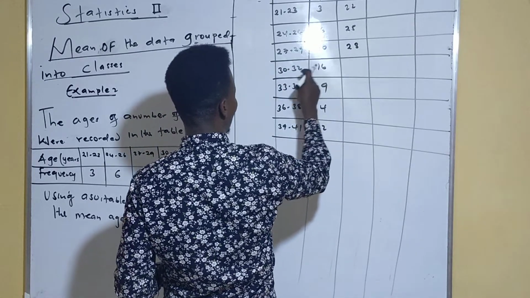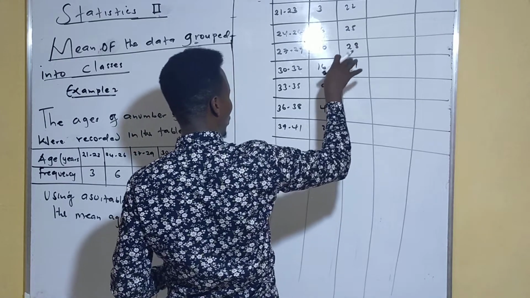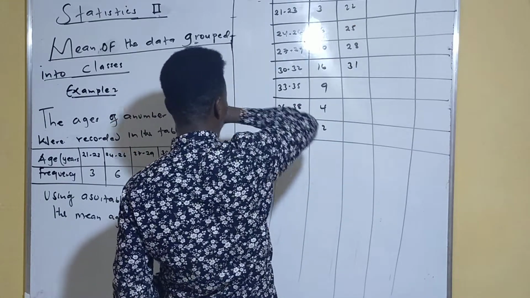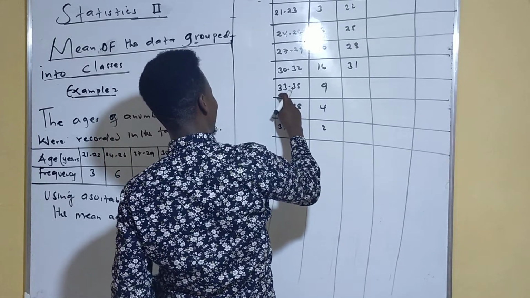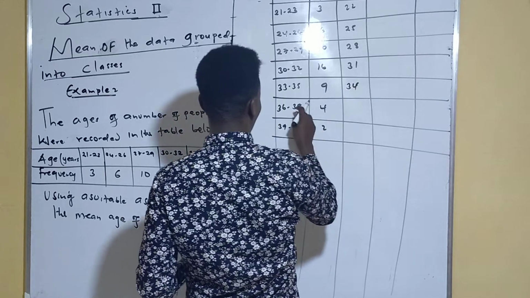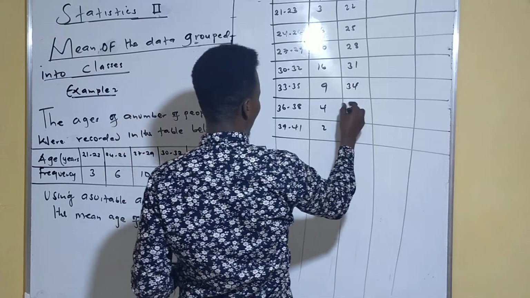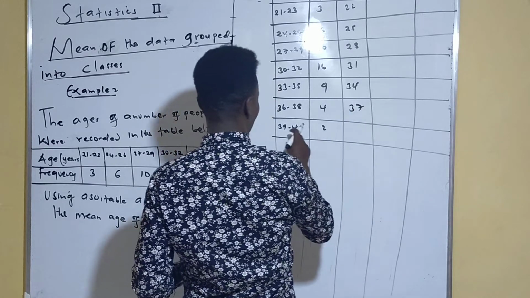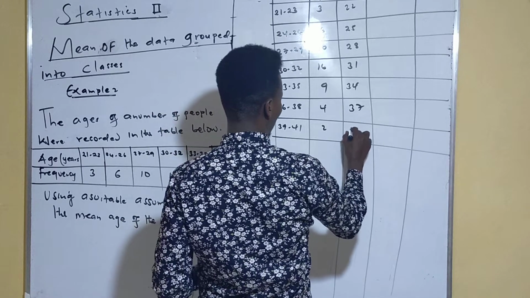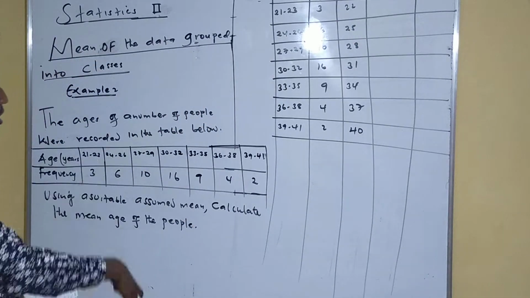Add this 2, that is 31. So you can understand that the class interval is 3. Add this 2, that is 68, divided by 2 is 34. Add this one, 74, divided by 2, that is 37. Then add this 2, that is 80, divided by 2 is 40. So there is a class interval of 3, a range of 3 here.